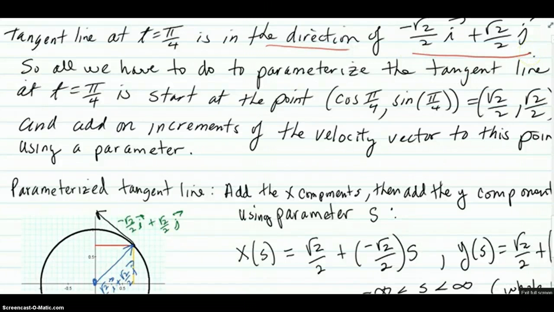So all we have to do to parameterize the tangent line at t equals pi over 4 is start at the point cosine pi over 4, sine pi over 4 on the circle, which is this, and add on increments of the velocity vector to the point using a parameter.